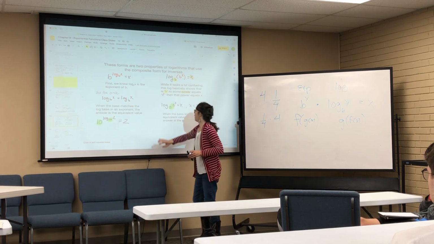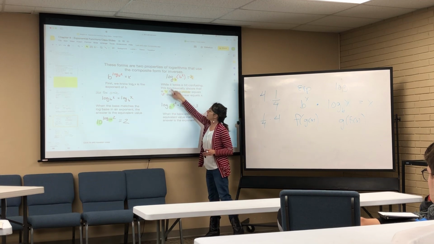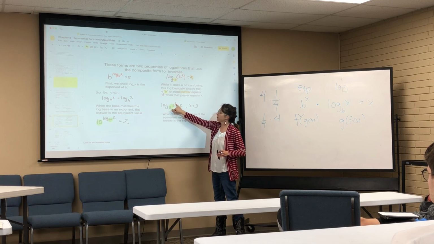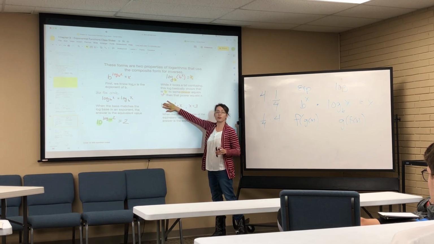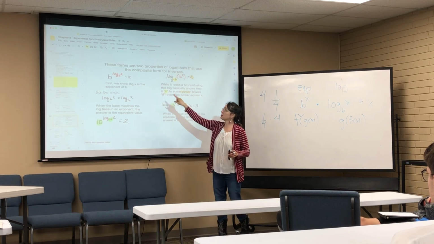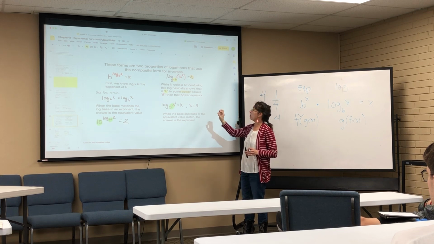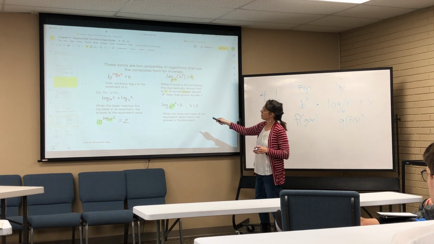When we face it the other way, and we have log base 5 of 5 to the third, when the base again matches the base, the whole thing cancels out, and your answer is simply the x value. Because these are inverses, they equal your x value. Do we see that? Okay.